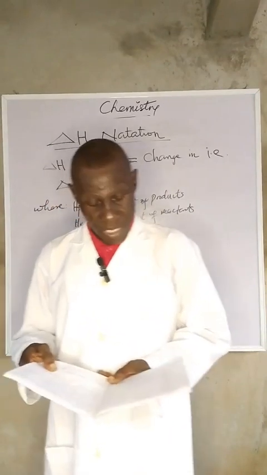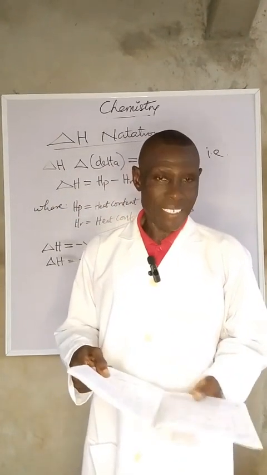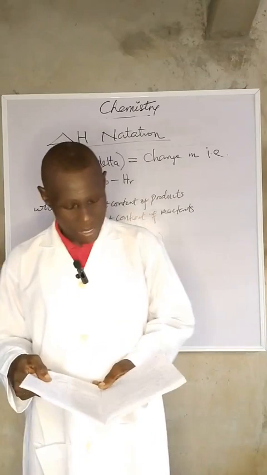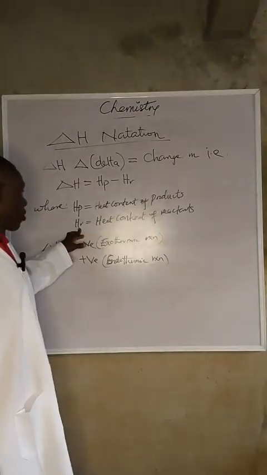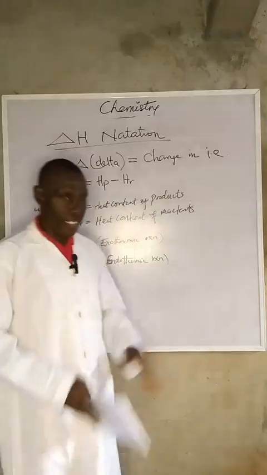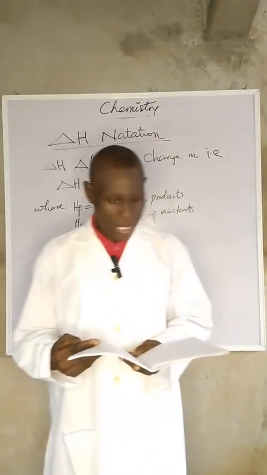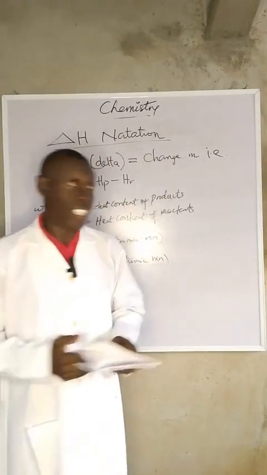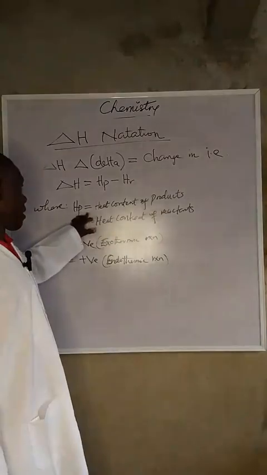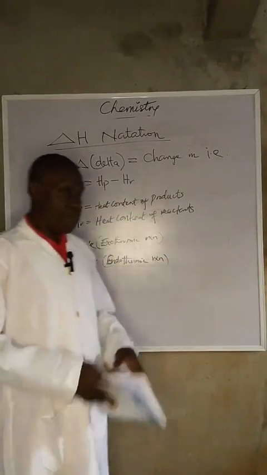So the heat content of the reactant is represented as HR, heat content of reactant, while the heat content of the product is represented as HP, heat content of products.